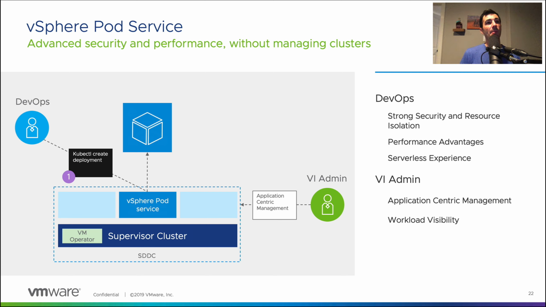Versus something like the vSphere pod service, where as a virtual machine, you're now setting a new boundary of what the security isolation or the resource isolation actually looks like. And as a virtual administrator, I can visualize this pretty easily inside of vCenter. There's an icon that makes it really easy to see. So I get a lot of visibility into the workload as well.